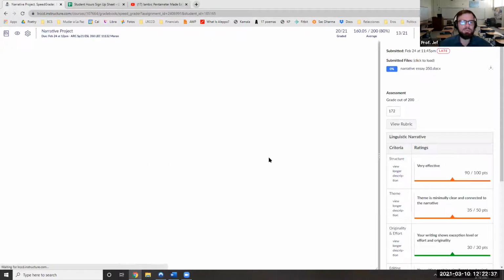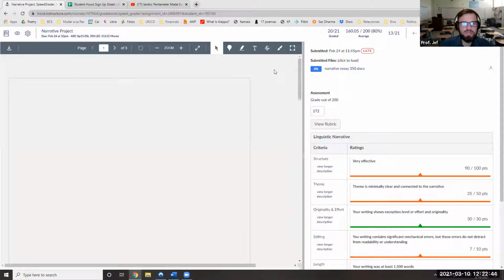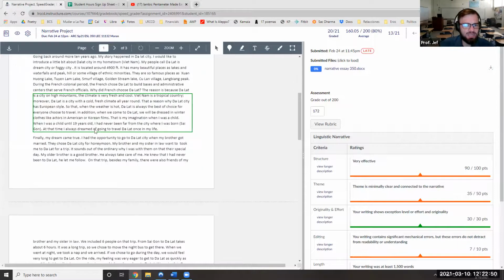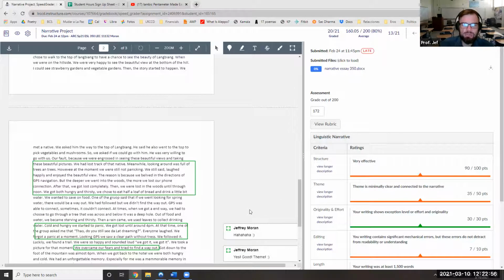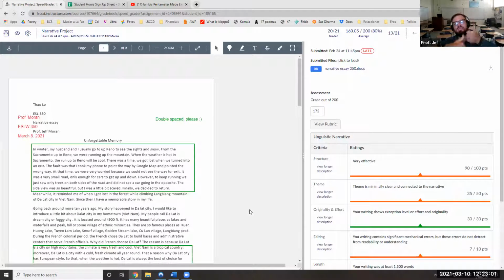Okay, so for example, when you go to see your grades, you're going to see a few different things. In the document, if you click on view feedback, you're going to see really just red and green boxes, maybe some notes that I've typed to give you specific information. Sometimes there are little notes connected to the green and red boxes. So I want to tell you what that is. Green means good. Green means this is something I thought was really well done. You did a nice job.